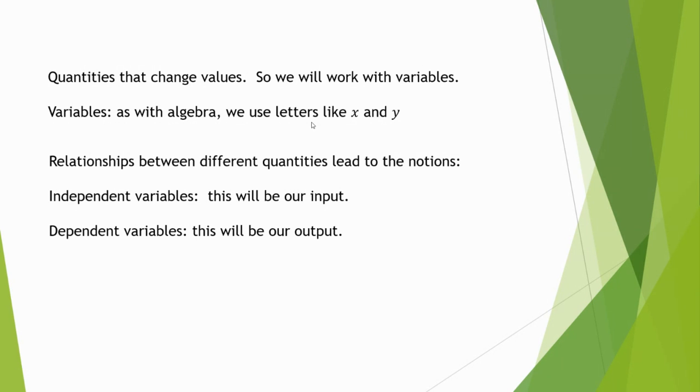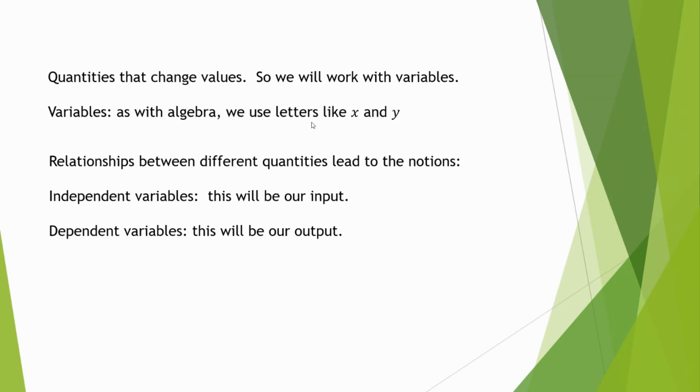Let me say it again. One variable will depend on another variable. The one that depends on the other is the dependent variable, and the other variable is the independent one. Usually X will denote the independent variable, and Y will denote the dependent variable.